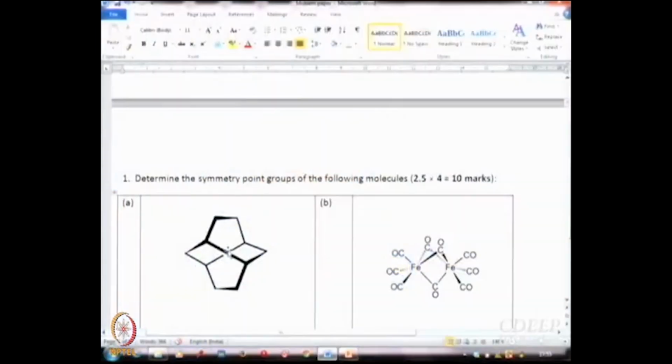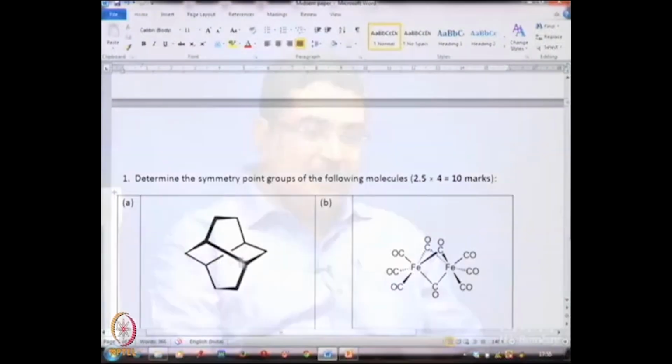Perpendicular to the plane of the slide means you are saying joining these two, right? Is that C2? This thing that is looking like an X. If I join the front with the back, is that a C2 axis or not? So what are we joining then? Aren't we joining the midpoints of the bonds? Right? So if you join the midpoints of these bonds, this one and this one, will that also work?